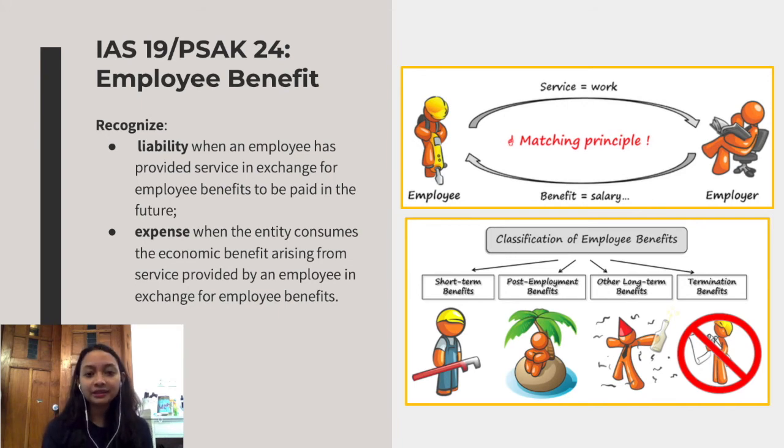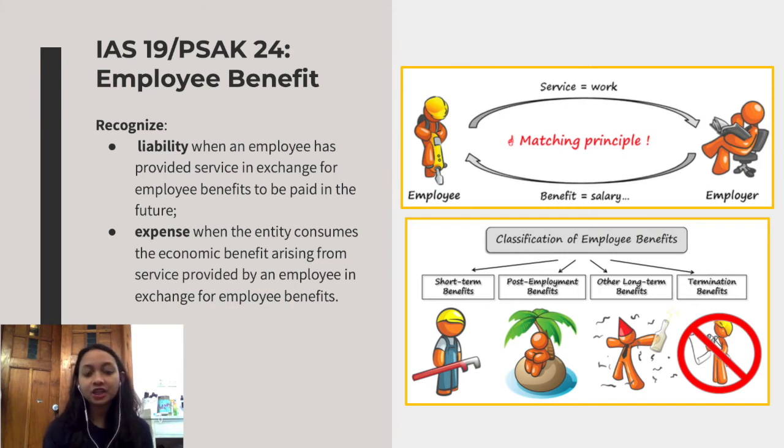So this is basically the matching principle, in which when the service is rendered to the employer in a period, then in that period, the employer must recognize expense, which is the benefit or the salary.